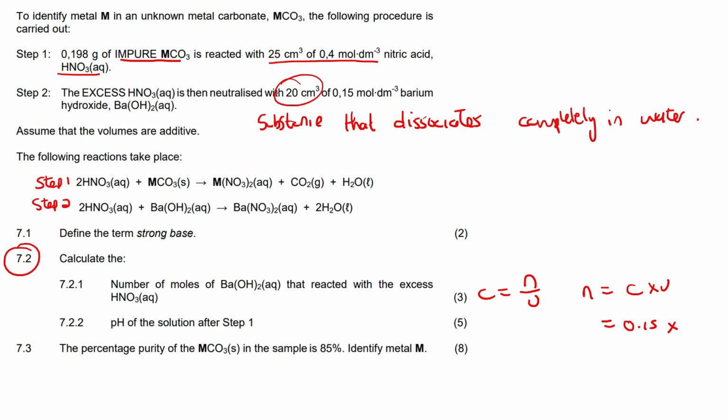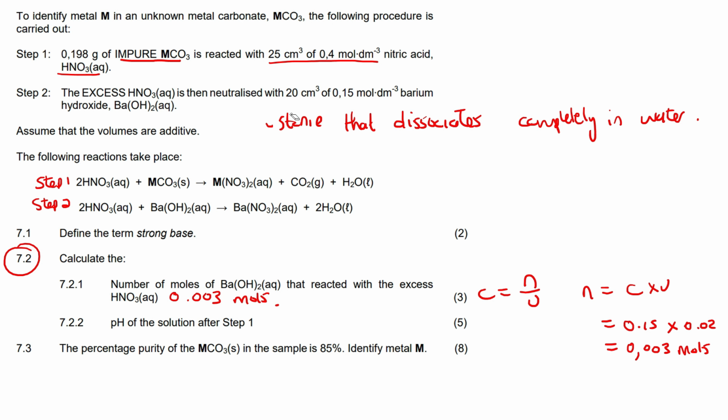Remember to convert your centimeters into decimeters. It'll be 0.02. How did I do that? I divided by 1,000. And this will give us 0.003 moles.